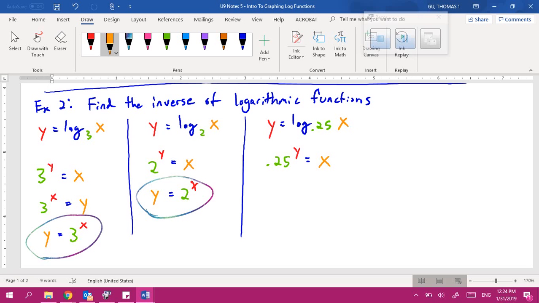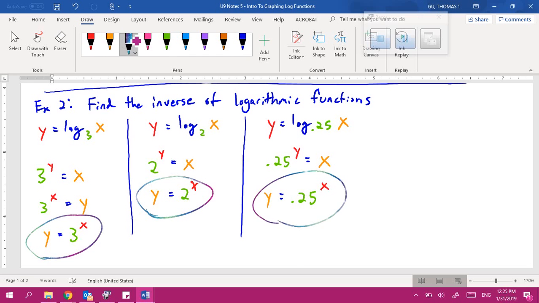You're not solving necessarily. We're trying to change this from logarithmic form to exponential. Because these first 2 steps say the exact same thing, just in different forms. Now, to get the inverse, what are you going to do? So then your final answer is going to be y equals what? 0.25 to the x. There you go. Good.